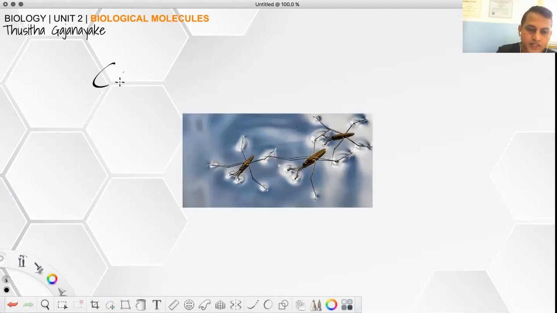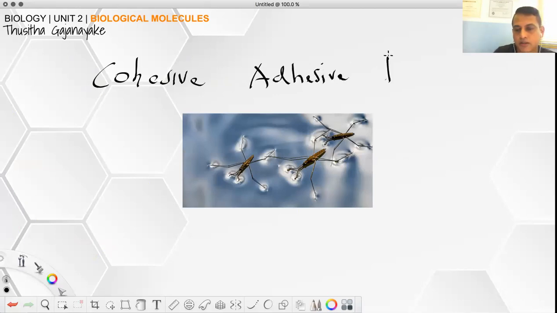So we have this first property, cohesive and adhesive property. Now, why is this picture important? This is a small insect called a water strider.